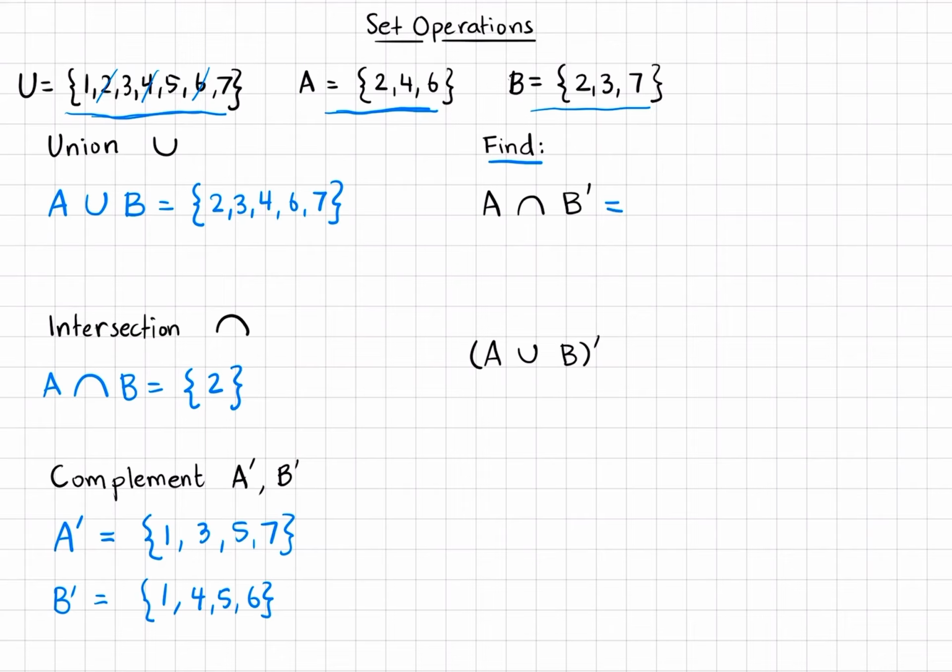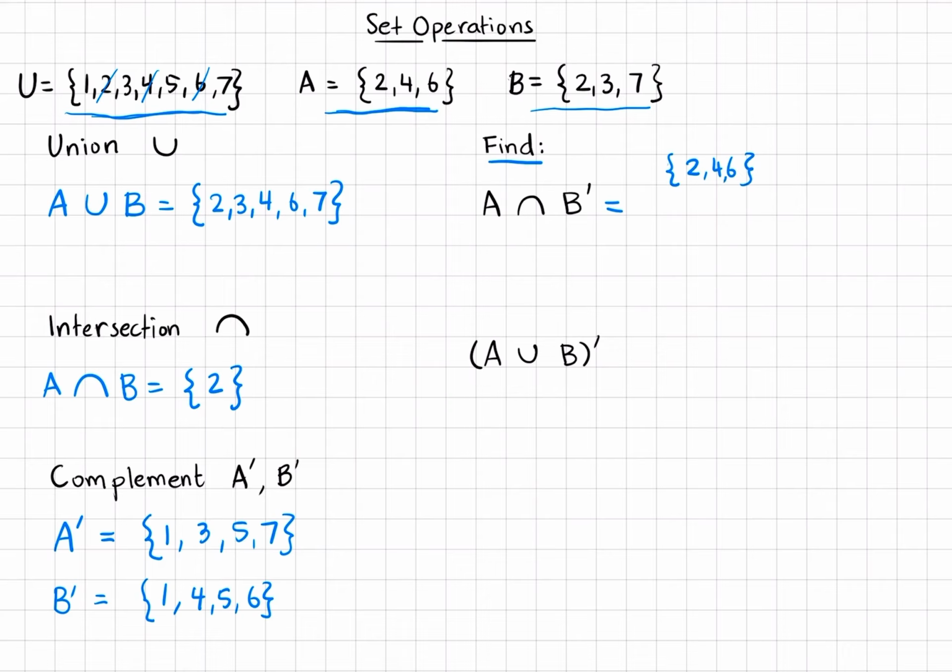We don't have to know immediately what the elements are. We just need to take it step by step. Set A is already given in front of us, we know it. And we can just write it down here. Again, 2, 4, 6.